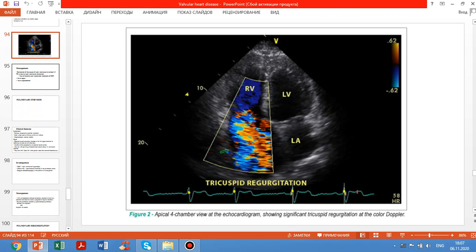In this slide you can see an apical 4-chamber view at the echocardiogram showing significant tricuspid regurgitation at the color Doppler.